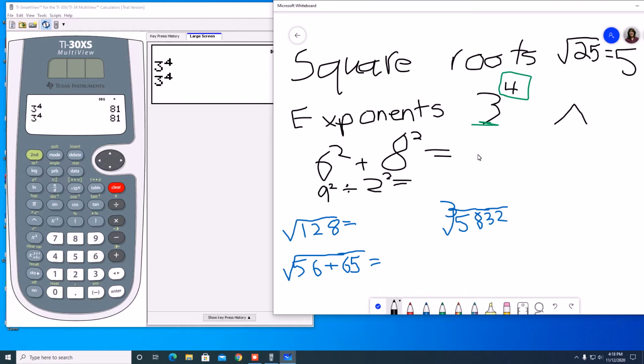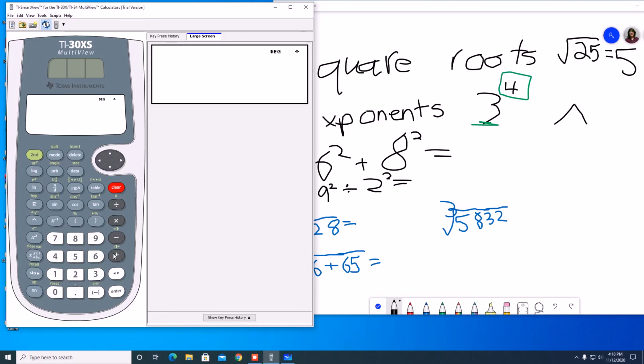Now sometimes they give you these problems as adding, subtracting, dividing, multiplying, and they have exponents attached to them. And we can still put these in our calculator as well. So we're just going to type it in like it says. I have 6 exponent 2 plus 8 exponent 2, and I'm going to hit enter.